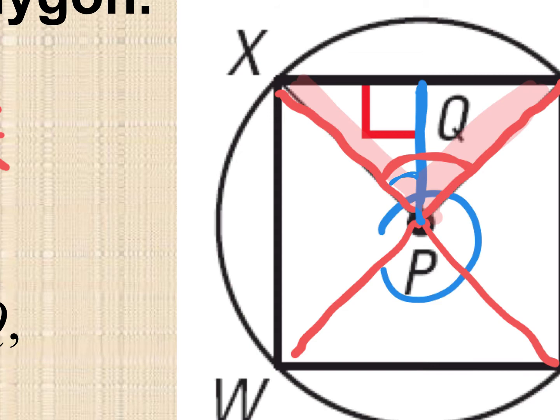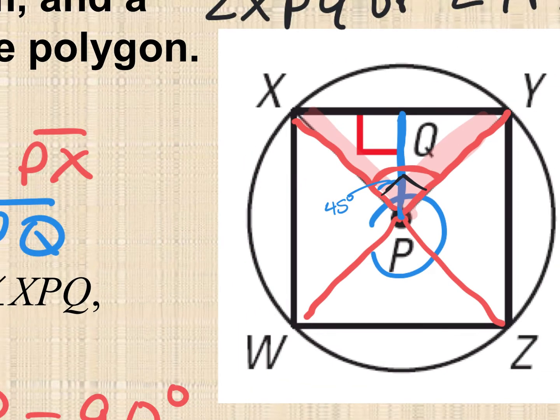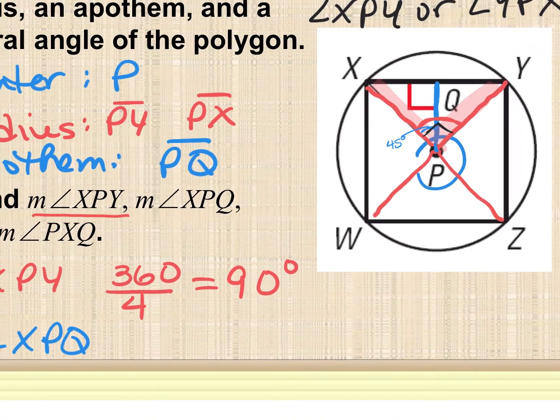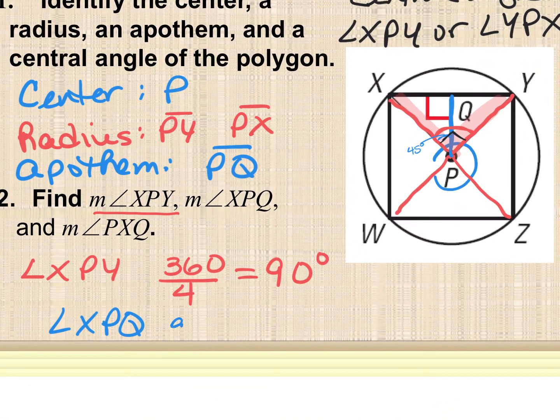So it's going to split this 90 degrees into 45 and 45. So this is actually a right angle right here. And then it splits the XPQ into 45 degrees. So XPQ is 90 divided by 2, and it's 45.